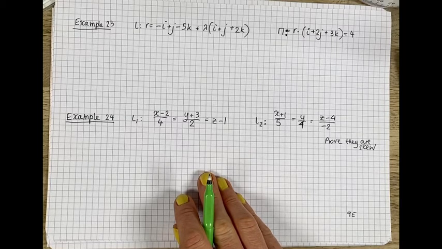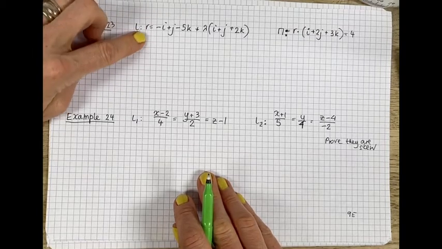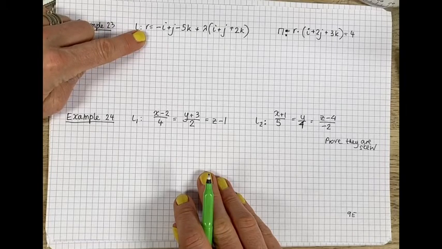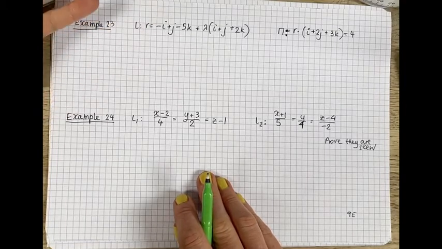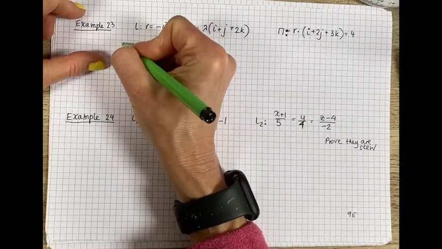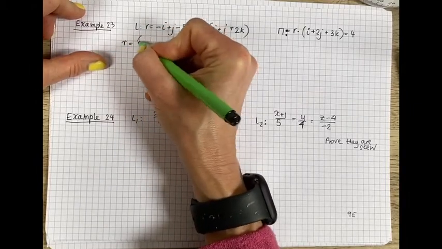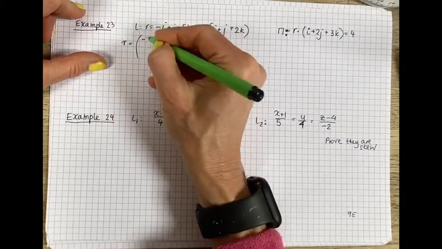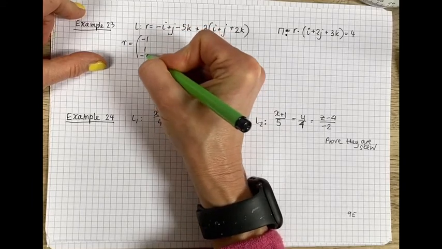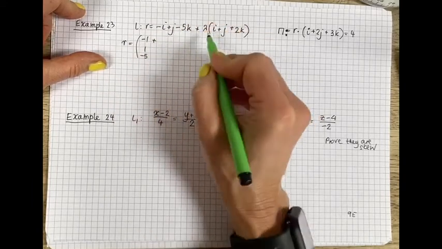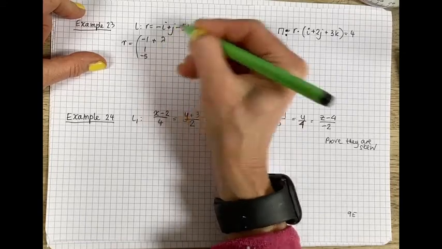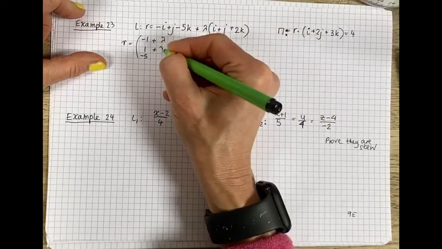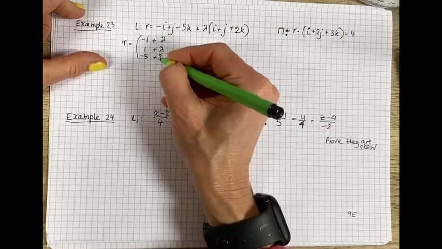So what we are going to do is write the general point of the straight line in terms of its vector. So r is going to be equal to, let's put it all together, (-1, 1, -5) plus lambda (1, 1, 2).